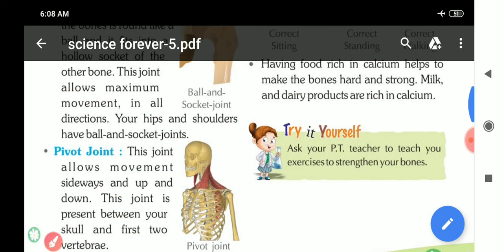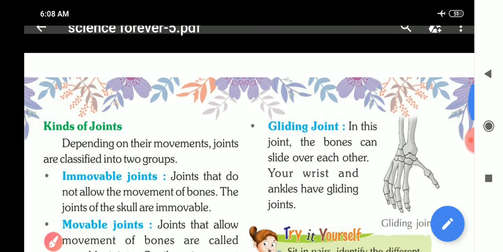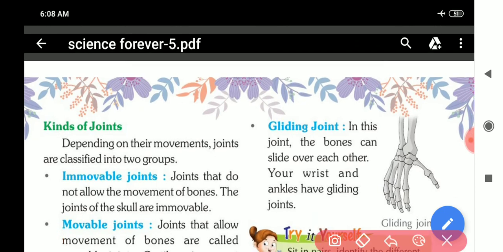Okay, and the next joint is the gliding joint. In this joint the bones can slide over each other. Your wrist and ankles have gliding joints.